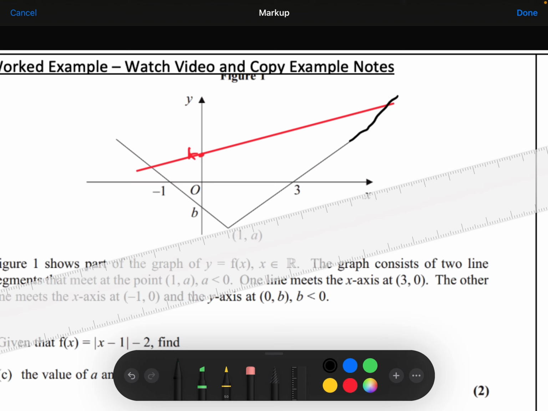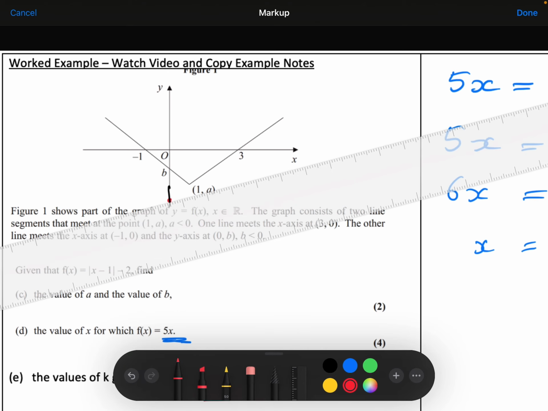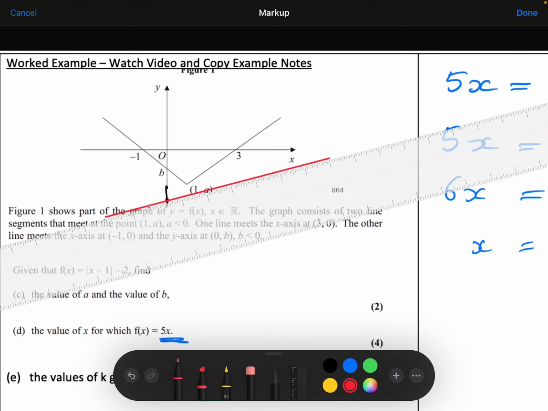There would be two solutions. One solution here, another solution over here. So the graph could look like that. It could also, if k was perhaps here, then the graph could look like that.